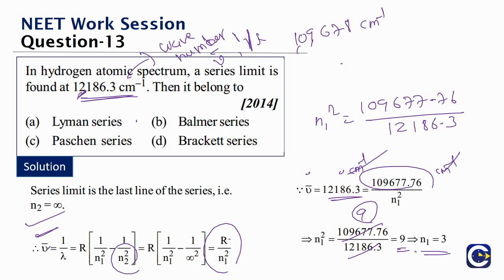Already we discussed: n1 equal to 1 means Lyman series, n1 equal to 2 means Balmer series, and n1 equal to 3 means Paschen series. So it's a question where we just take the empirical formula for the wave number and proceed to find the n1 value.